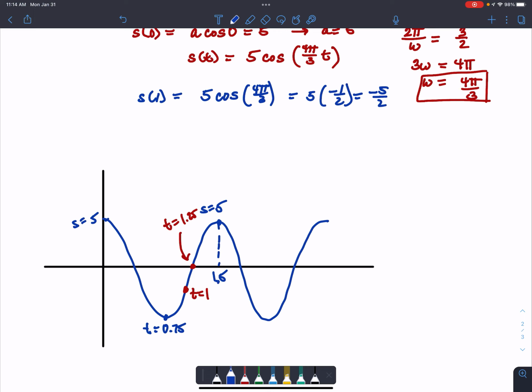And we also know that halfway between the min and the max is one of the x-intercepts, or in our case, the equilibrium point. That's going to be 1.25 seconds. So we know that t equals 1 is somewhere between 0.75 and 1.25, which means it's right here, which means that the object is rising when t equals 1 second. And these are the kind of things we can analyze with harmonic motion.